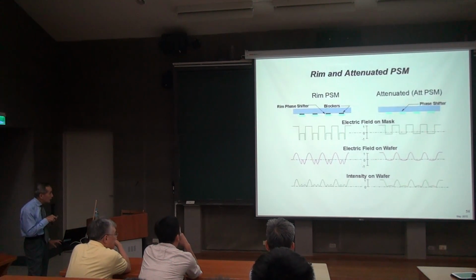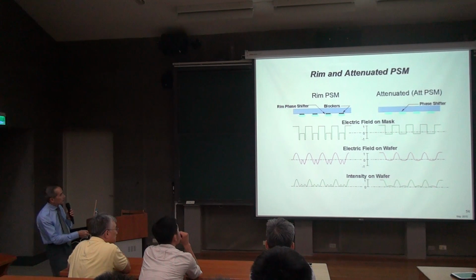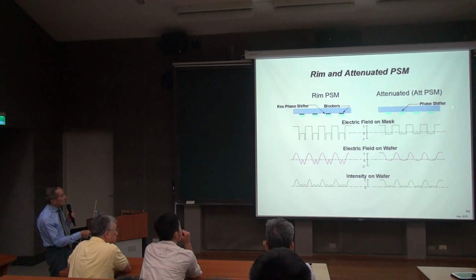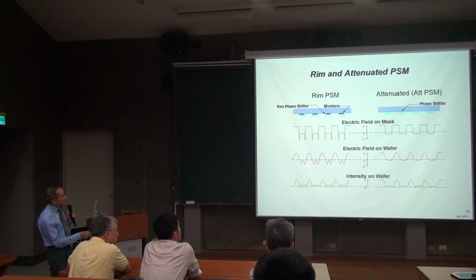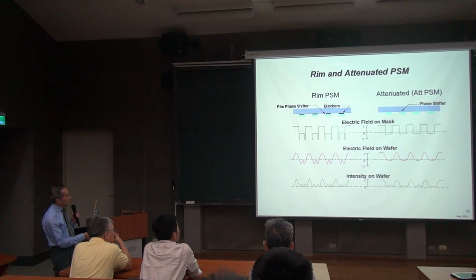And if you don't want any phase shifting conflict, if you have a completely arbitrary pattern, then you go to a phase shifting mask that looks like this. It looks very much like an ordinary mask, except that it lets a little bit of intensity go through, and it has a phase shift of 180 degrees. So now instead of 1 and 0, you have 1 minus 0.1 and so forth.